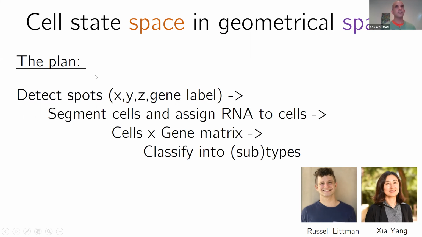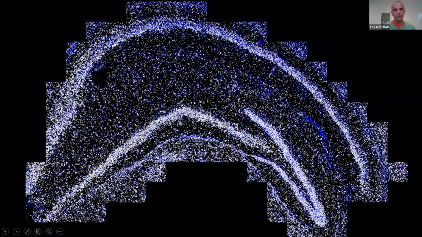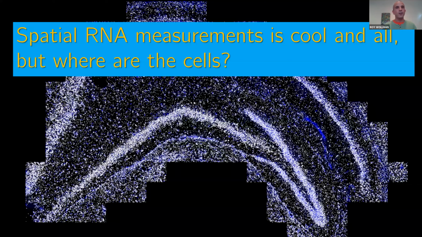But like all plans, the test of reality was immediate, because when we look at our tissue section, I'm showing you here the mouse hippocampus, which is the tissue that we looked at, where are the cells? To do MERFISH in this tissue, we cleared everything away, so really there's nothing much. We still have the nuclei, we still have the DAPI stain, but to actually know where the boundaries of the cells are, we just had no information, because we cleared it all out.